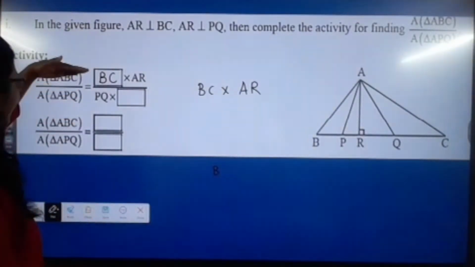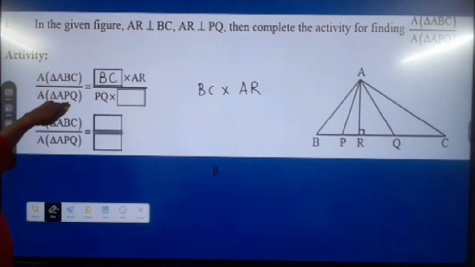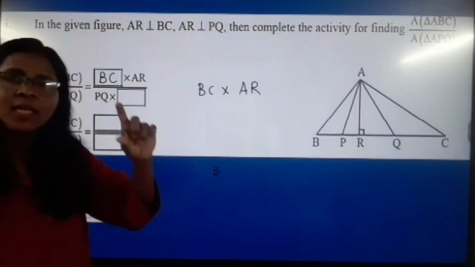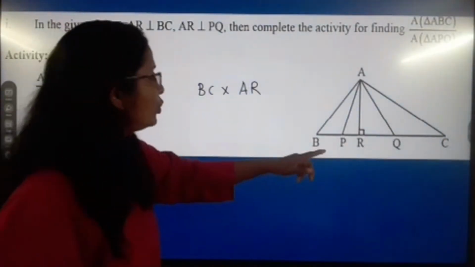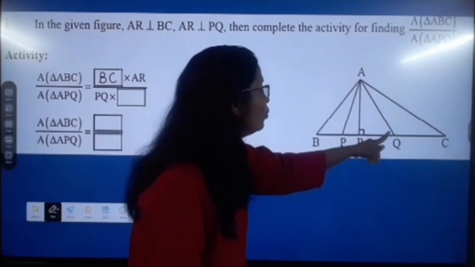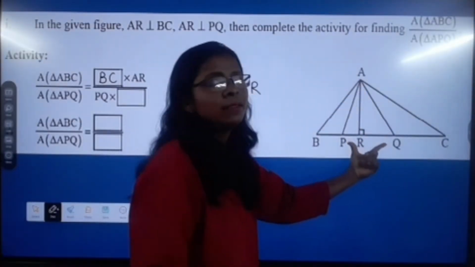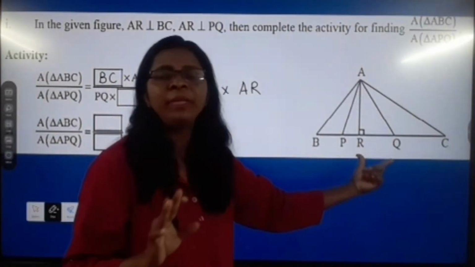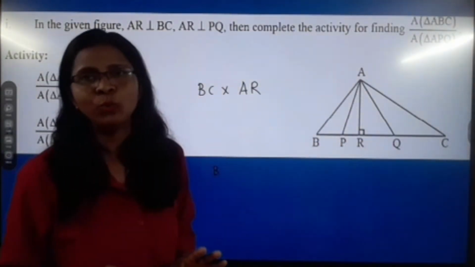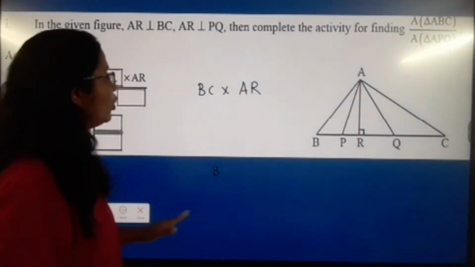And here upon the area of triangle APQ. So I see only the triangle APQ. In the triangle APQ, PQ is the base, students, and the height will be the same, that is AR.